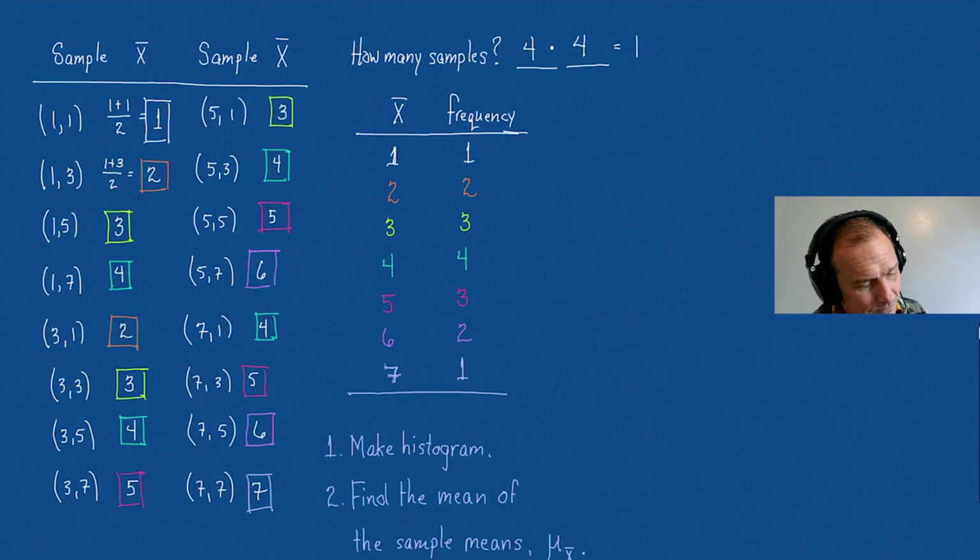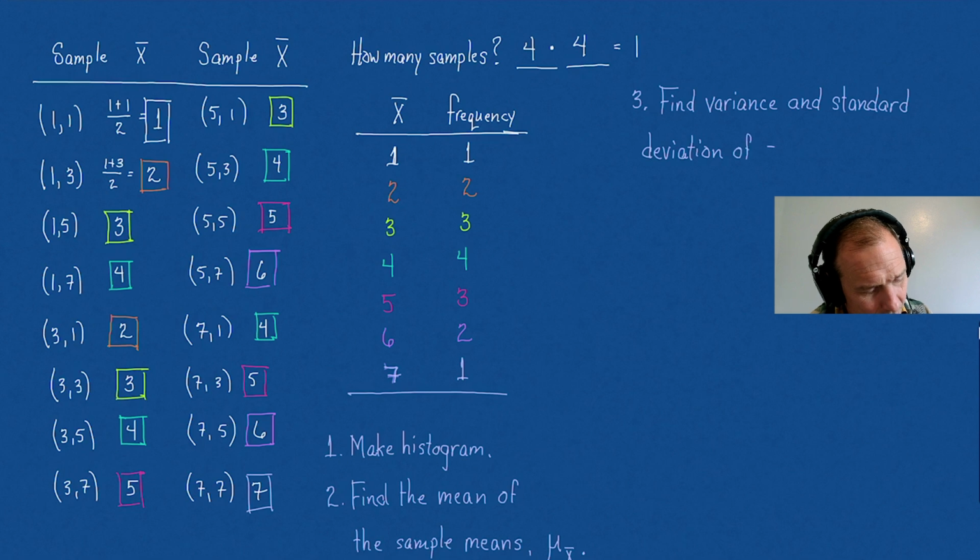And finally, the third thing, number 3, is find, well, I guess there's 4. Once you find the variance, you have the standard deviation. I was thinking of those as one step in my head, but it might be 2 depending on one's perspective. So we're going to find the variance and standard deviation of the sample means.